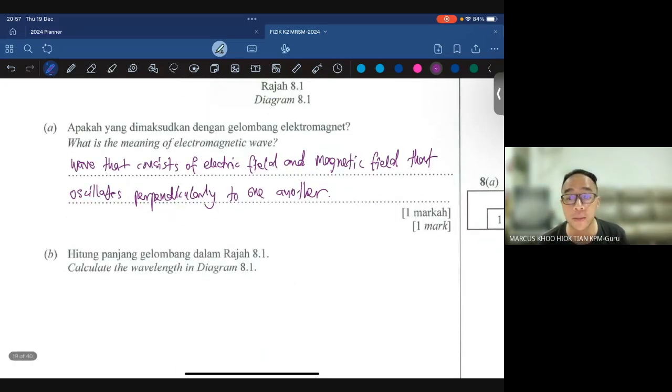This is a difficult definition to remember, but basically, one up, one down.